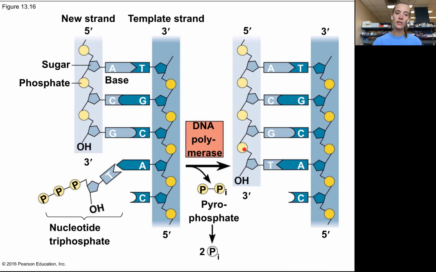And so that's how you're going to start building up your whole DNA strand. As you can see here, again, we end up having a 3' free hydroxyl function for the next nucleotide.